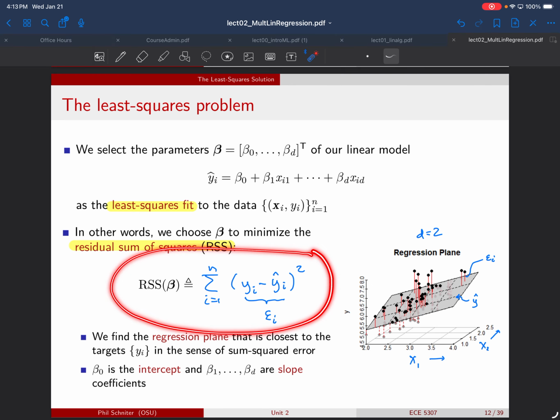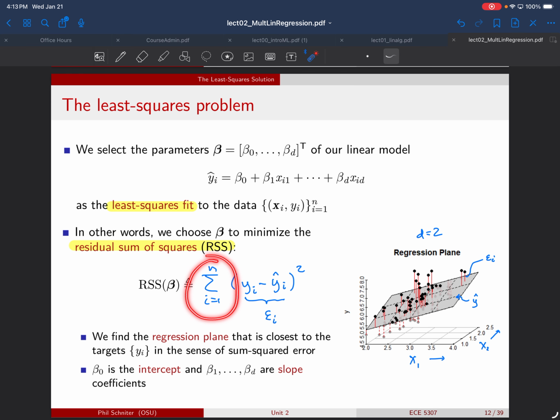We're going to try to minimize that. And now you see the i indices that correspond to the training data. Each of these targets is a training target. This is the prediction of that ith training target. This is the error on the ith target, and we're summing over all samples i in our training data set. This is what we call the residual sum of squares, or RSS.